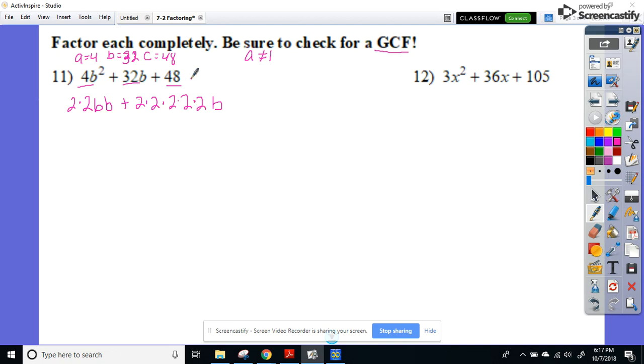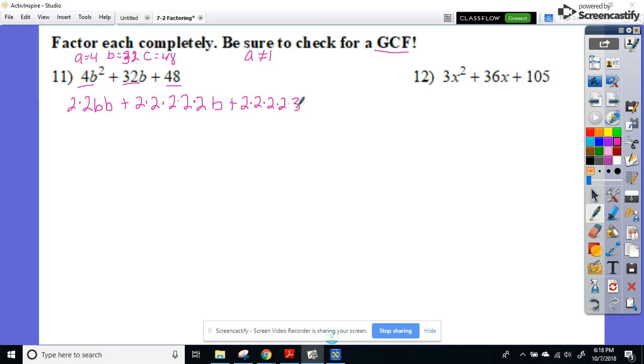And 48 is, that's way too many numbers for me. 48 is 2 times 24. And 24 is 2 times 12. And 12 is 2 times 6. And 6 is 2 times 3.